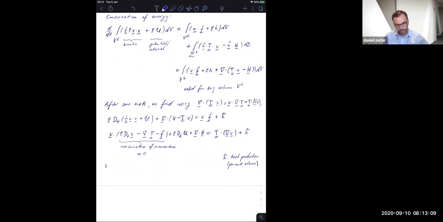And what we want to use as well, if you look at the right-hand side, is this double dot product of these two tensors. So it's the stress tensor double dot product with grad V, which is also a tensor.